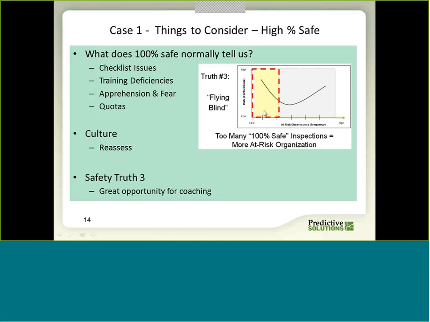Now, if you notice, if you're collecting a low number of at-risk observations, your incident frequency or your rate of incidents would be more. And it's actually getting down if you're collecting more, and again, it's getting up if you have more and more at-risk. So the right mix is not to have 100% safe inspections. As a matter of fact, if you look at the chart, you can see with more 100% safe inspections or fewer at-risk observations, your project is more at risk of getting incidents, right?